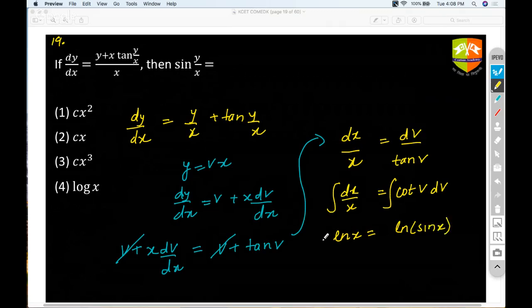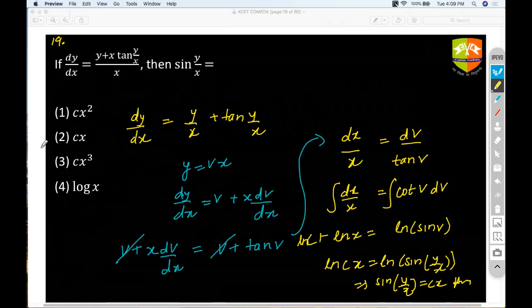Okay, and you can add a constant c as ln c over here. So ln of cx is ln of sin y by x. So that implies sin y by x is going to be cx. So option number 2 is going to be the right option.